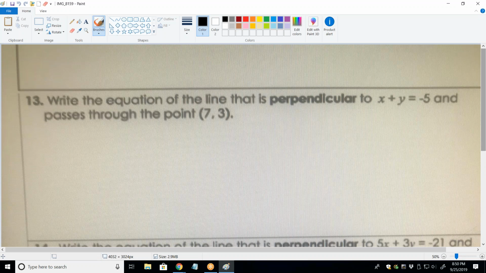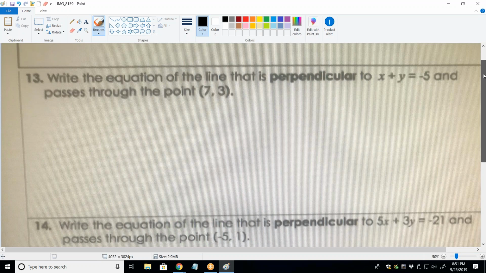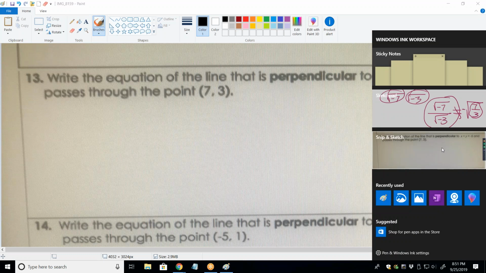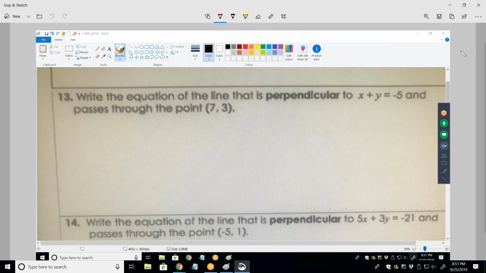Yeah, it is a different 13 and 14. Looks different. Okay, let me open it up so I can write on it. I'm excited that this works because this is the best way for me to write, and it was taking so long to close it out that it was unusable.